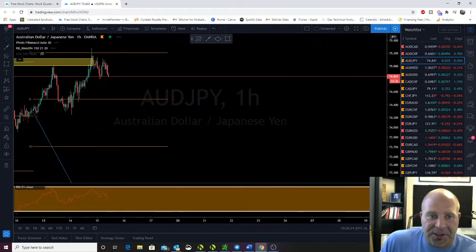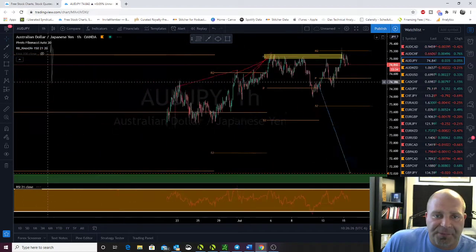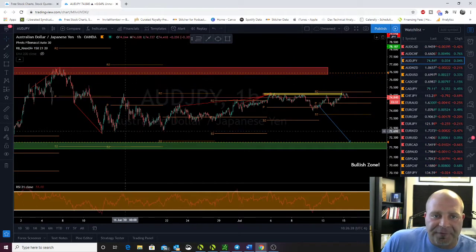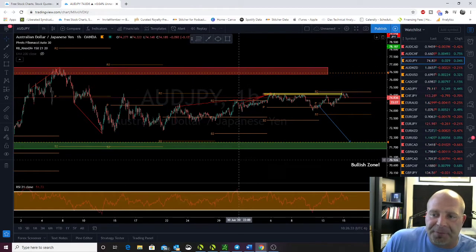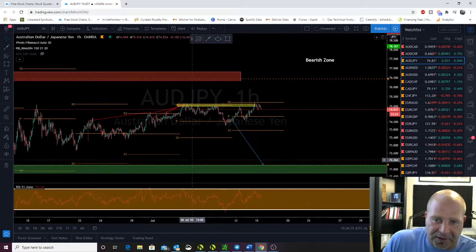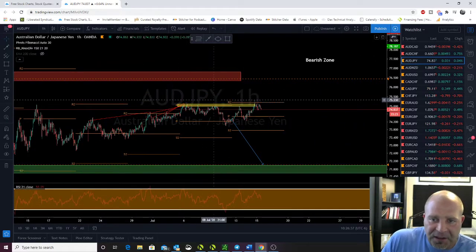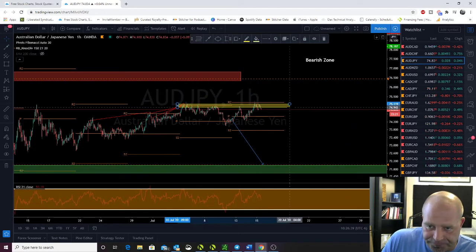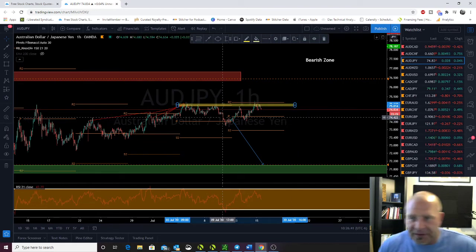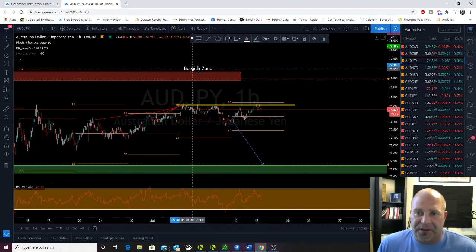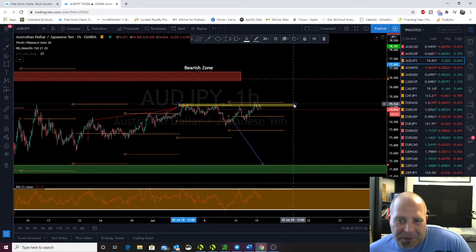Sorry. Australian dollar, JPY. If I zoom out here, you can see I really want to sell from up here, and I really want to buy from down here. And we're just not getting enough price action confirmation of which way it's going to go.